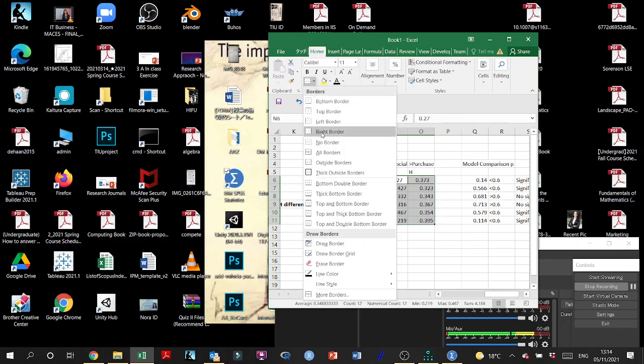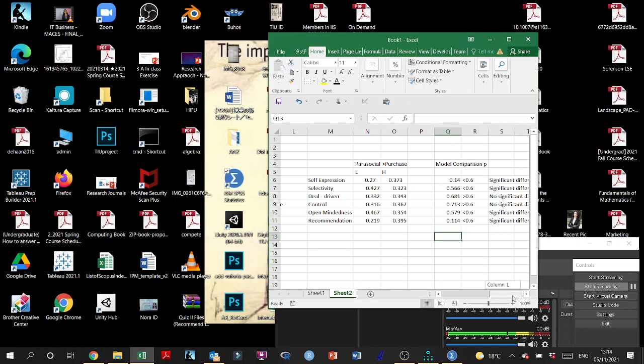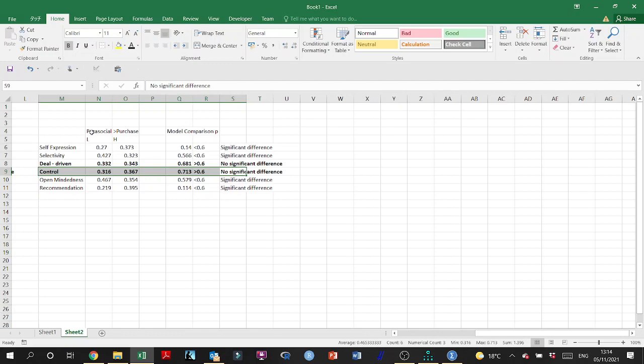Okay, and now let's start to look into the relationships here. First, this is less than 0.6, less than 0.6. This is unfortunately greater than 0.6. There's no significant difference. Not unfortunately, it's part of the findings. So it seems like data-driven and controlled, there is no difference, it doesn't influence the parasocial relationship on purchase, the deal-driven and the control. However, for recommendation and others, there is a significant difference between the groups.